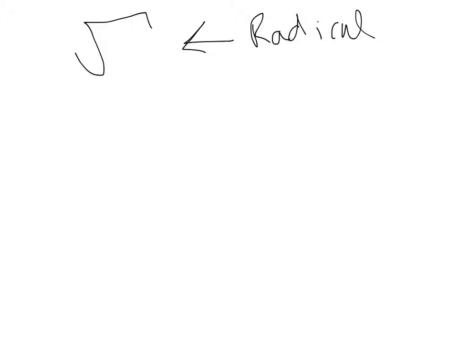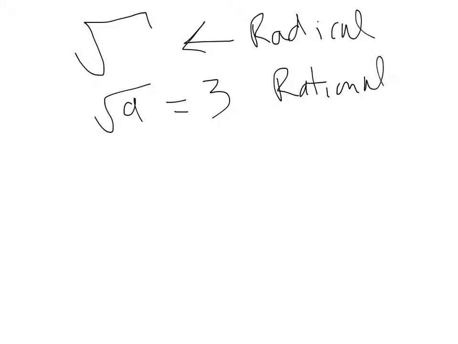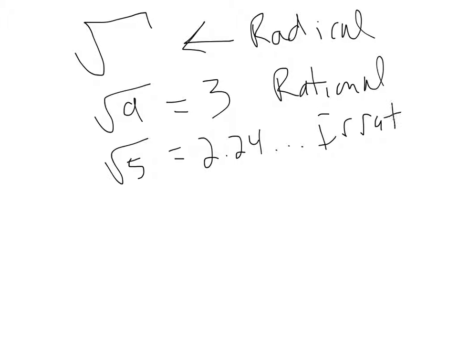So, for example, the square root of 9 is 3. So that produces a rational number. However, the square root of 5, 2.24 something if I remember right, that produces an irrational number.